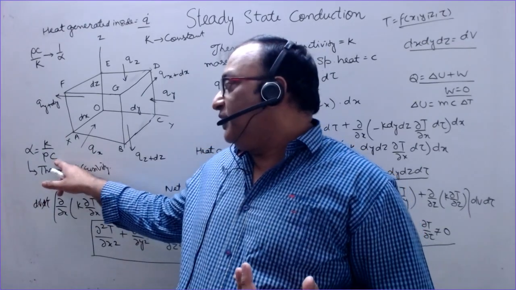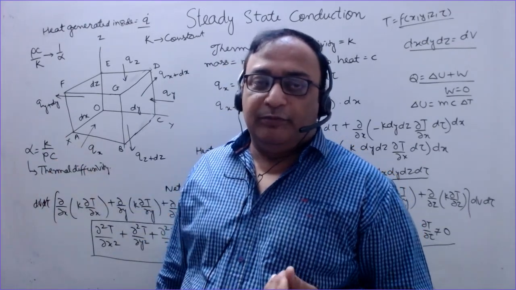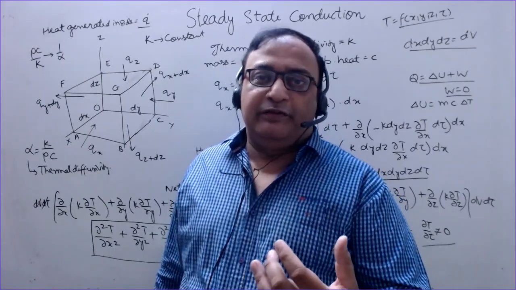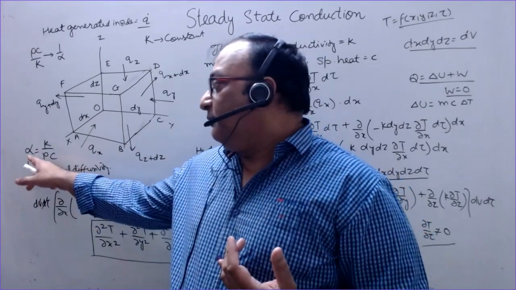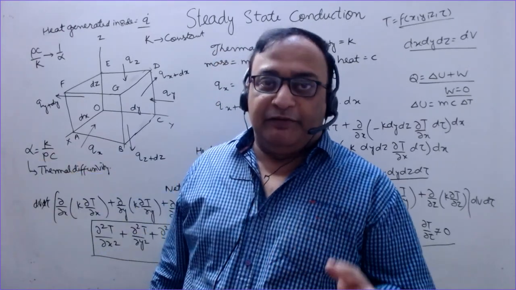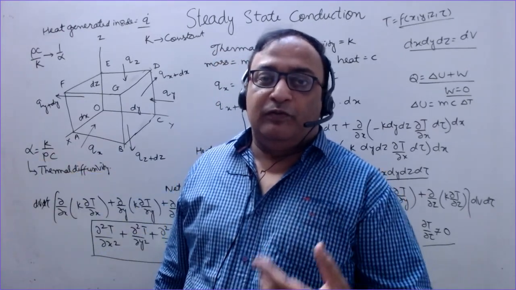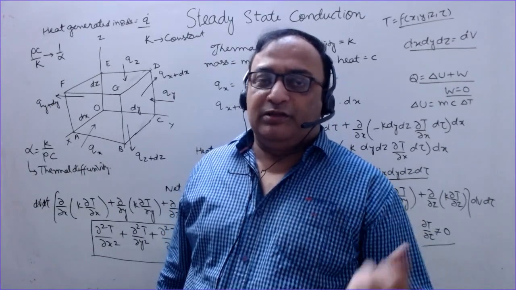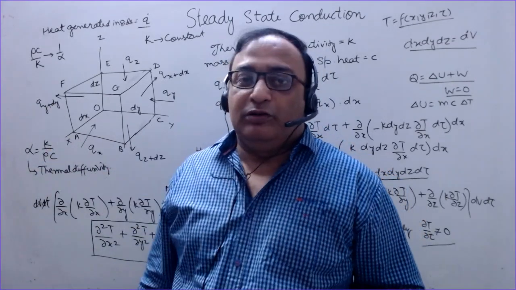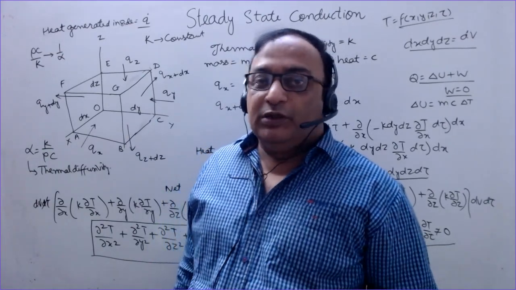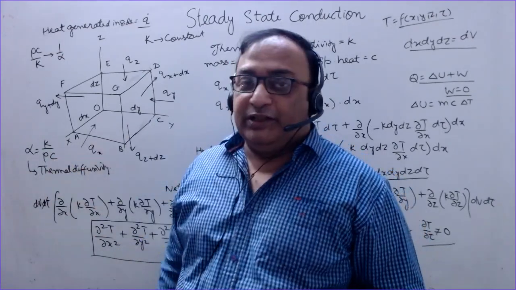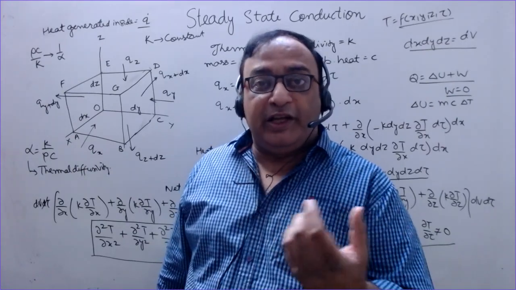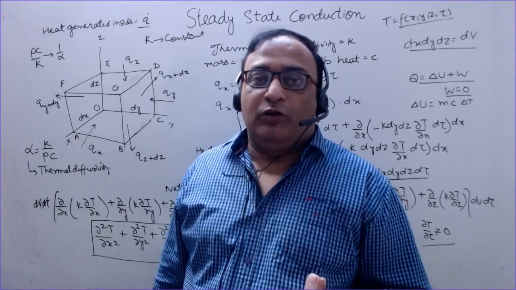So rho into C is small for those bodies because they heat at a very fast rate and also they cool at a very fast rate. So alpha will be high for these. And for a body like we have water body, pond, etc., or any other fluid, molten metal, etc., the value of K is very small, thermal conductivity is very small, and rho into C, the thermal inertia, sluggishness is very high because they can retain the heat for quite a long time.